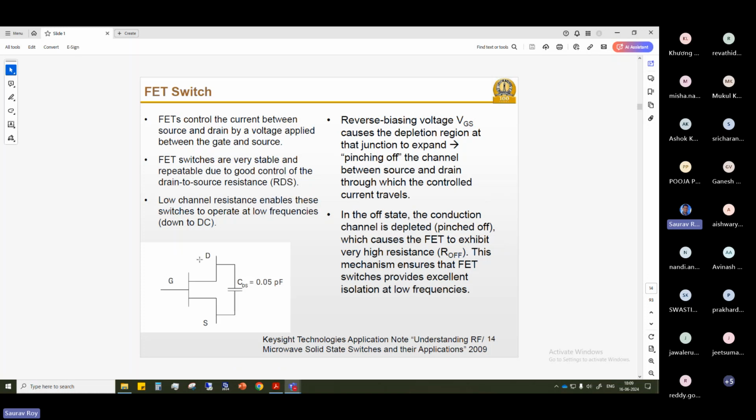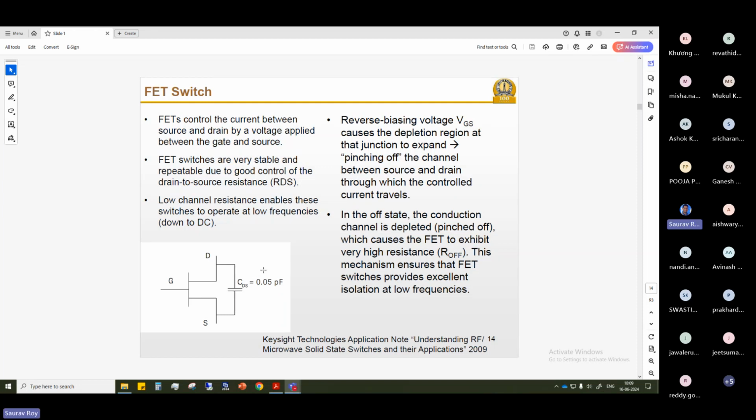As you know, the gate, drain and source configuration is there for a normal MOSFET, and there is a capacitance between the drain and source. When the gate is forward biased, the drain and source will be shorted.